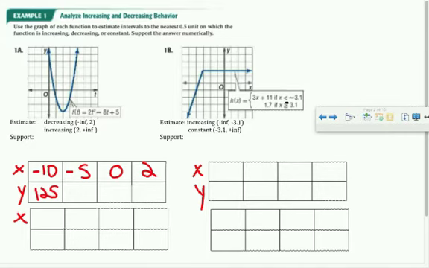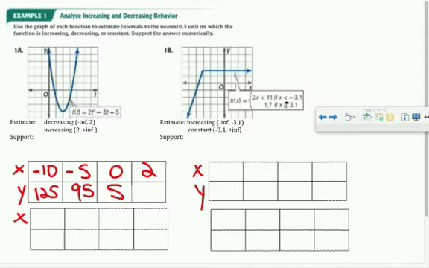Plugging in negative 5, I have 2 times negative 5 squared minus 8 times negative 5 plus 5 is 95. Plugging in 0, I have 5. Plugging in 2, I have 2 times 2 squared minus 8 times 2 plus 5, giving me negative 3.